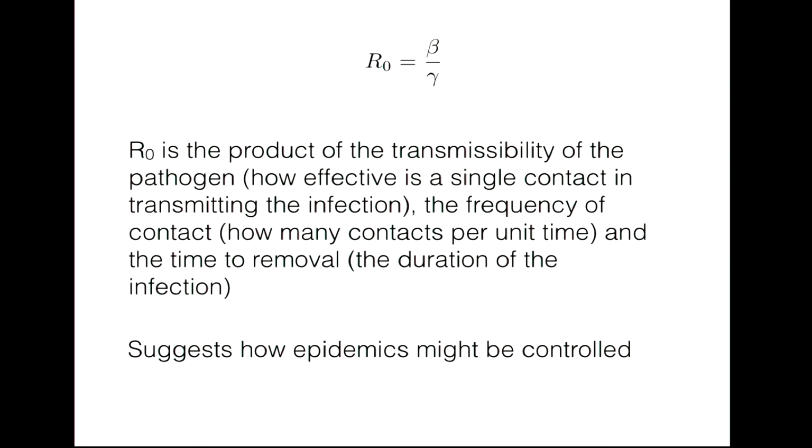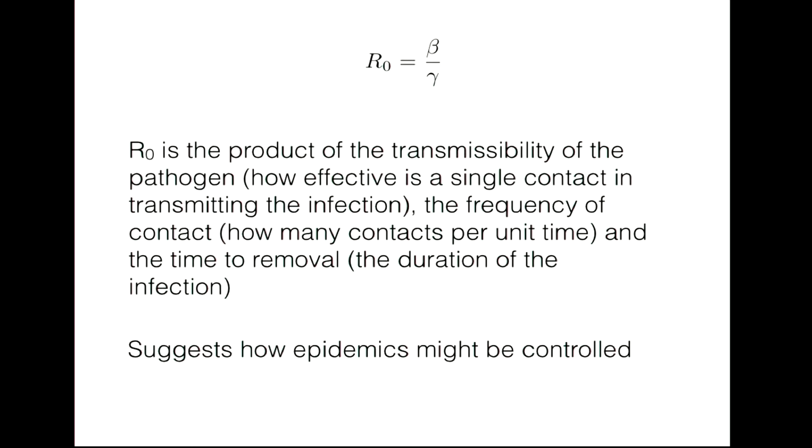To stress that again, R0 is a product of the transmissibility of the pathogen, which is a measure of how effective a single contact is in transmitting the infection, the frequency of contact, which is how many contacts there are per unit time, and the time to removal, which is the duration of the infection. If you multiply the number of contacts per unit time by the duration of the infection, you have a measure of the total number of contacts made in that period. And it's from there that you get R0 equal to beta by gamma, the basic reproductive ratio.